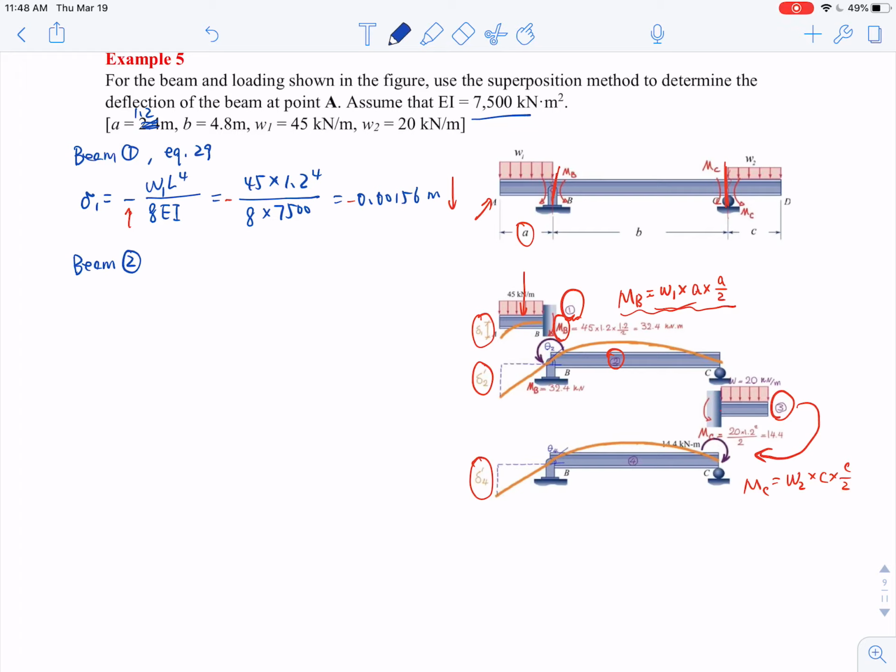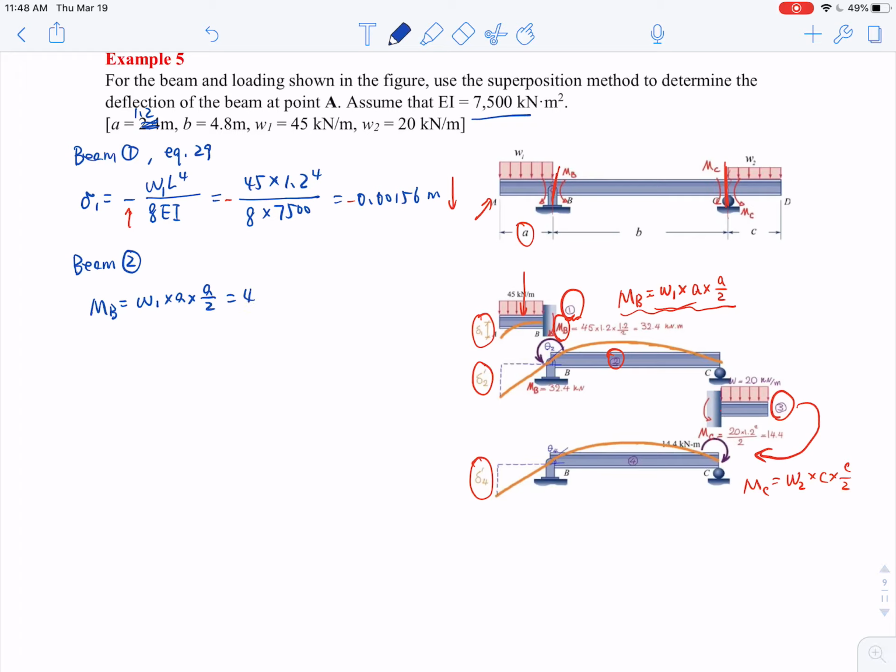So beam 2 is a simply supported beam, subjected to the moment MB. First of all, our MB needs to be calculated, and as we mentioned, it's W1 times A over 2.